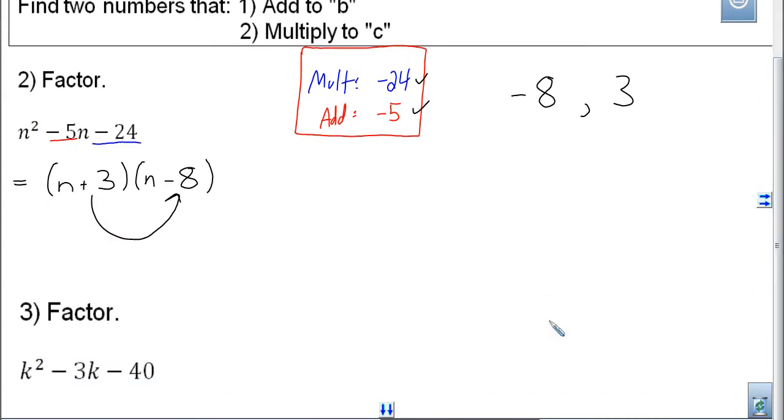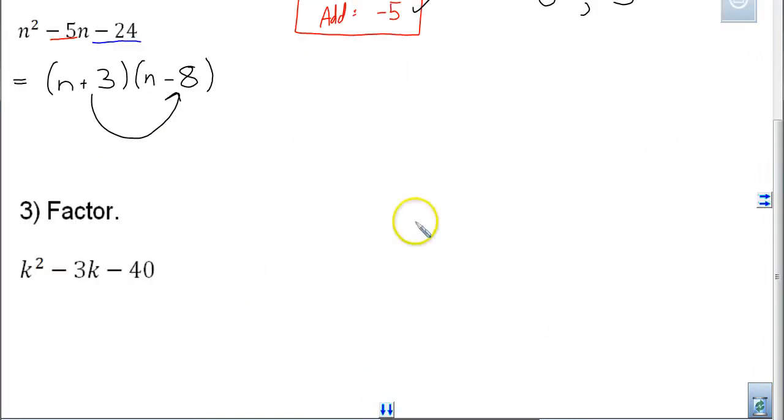Another example here, so we have k squared minus 3k minus 40. So I need two numbers that multiply to negative 40, and they must also add to negative 3. So we're in the same situation again, where we're multiplying to a negative number.